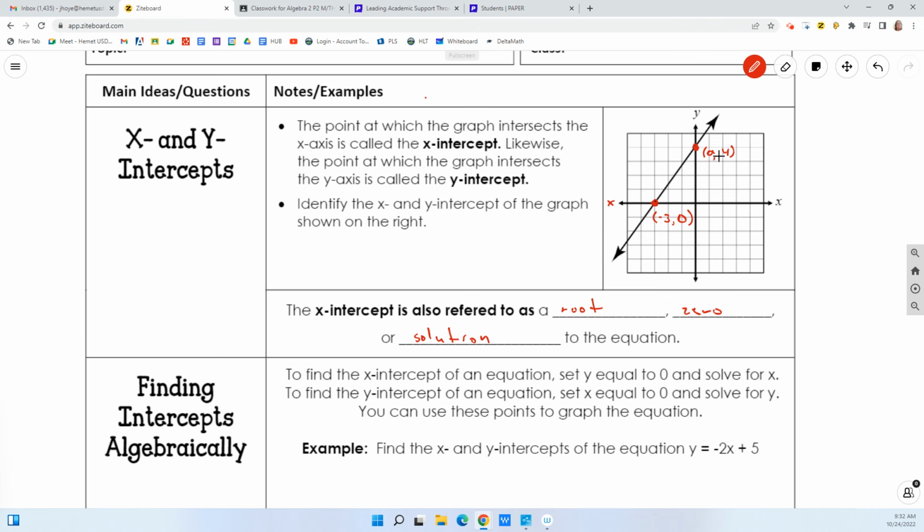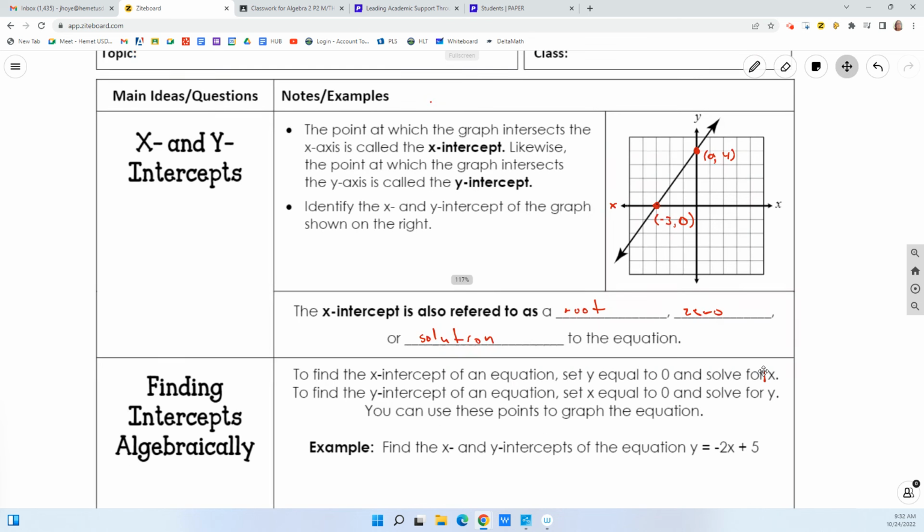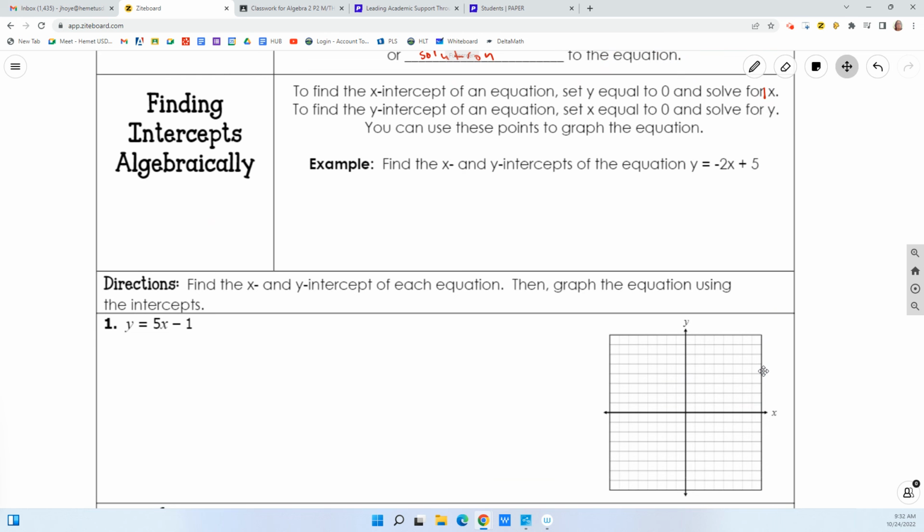So if you think about it in terms of zeros, this next part where we're talking about finding intercepts algebraically makes a lot of sense, because when we find our x and y intercepts, if you read the instructions, it says to find the x-intercept of an equation, set y equal to 0 to solve for x, right?